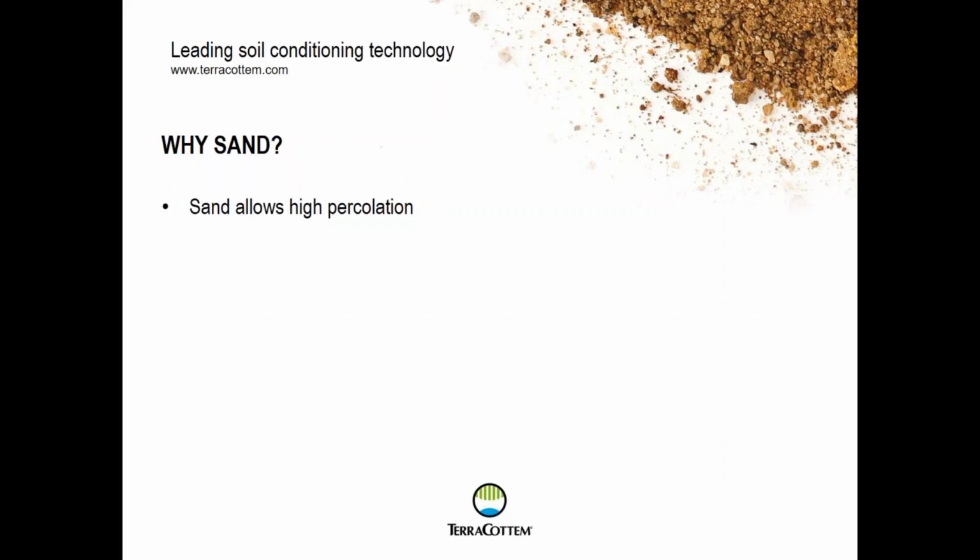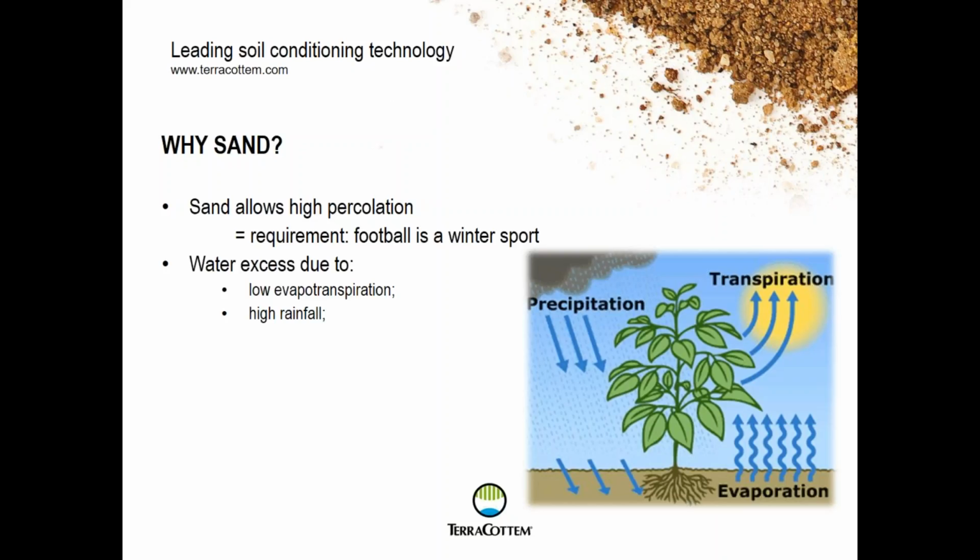So sand allows high water percolation, and that's a requirement because we play football during winter times. I think this is true for both northern and southern hemisphere. So we play football during the winter period where we have excess water. The plants don't grow well during winter time, so there's a low transpiration rate from the plants.